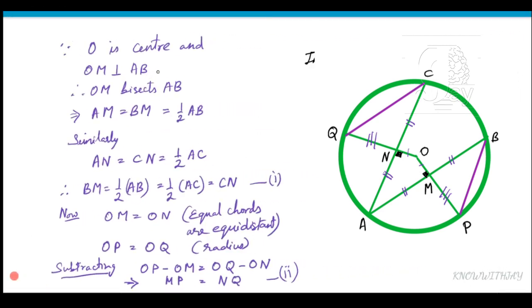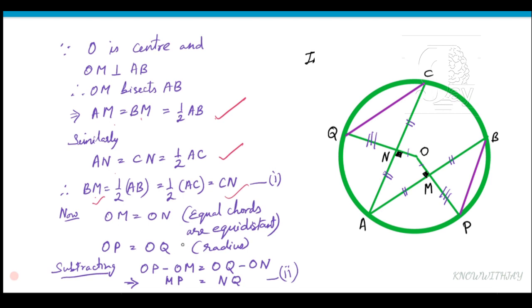We have OM perpendicular to AB, thus AM and BM both are half of AB, because a perpendicular from the center bisects the chord. Similarly we have AN and CN half of AC. Also, since AC and AB are equal, BM and CN are equal.